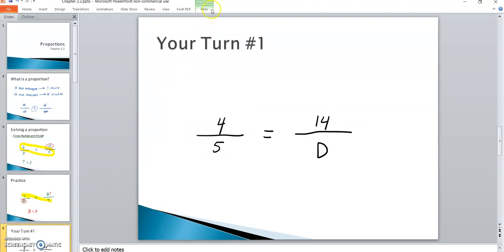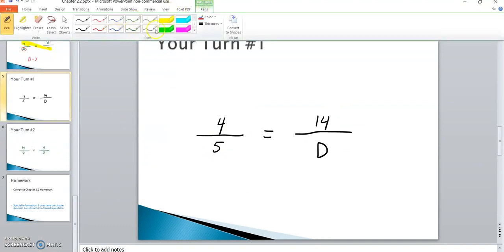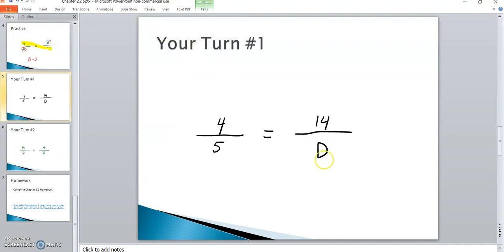Let's try another one. So for this one, you'll notice that we're using the letter D instead of the letter B, and we're going to approach it the very same way. So what I want you to do is try to do this question on your own. So you're going to figure out which two numbers you're going to cross multiply, and then you're going to divide by the last number.